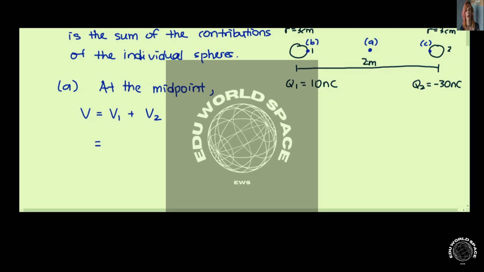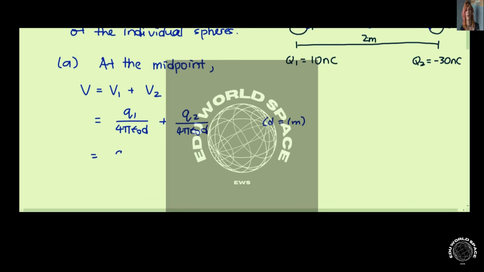For each V it is Q1 divided by 4 pi epsilon naught D, and then Q2 divided by 4 pi epsilon naught D. In this case the distances are the same, so I'm just labeling it as D, and here D is 1 meter. If you calculate this, you have 8.99 times 10 to the 9 because they have the common term, and then Q1 plus Q2.